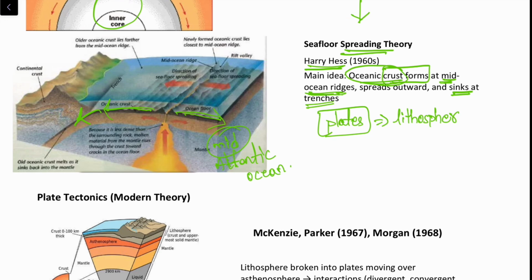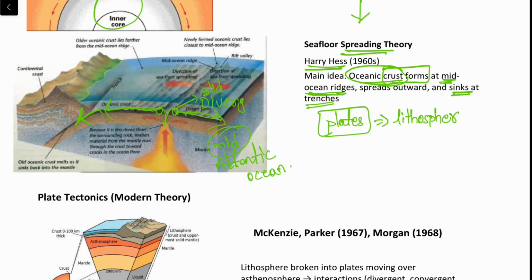Divergence of plates is happening here, and the magma from inside the mantle is coming outside. When the magma comes up to the crustal region, it immediately solidifies and the new crust is forming here.